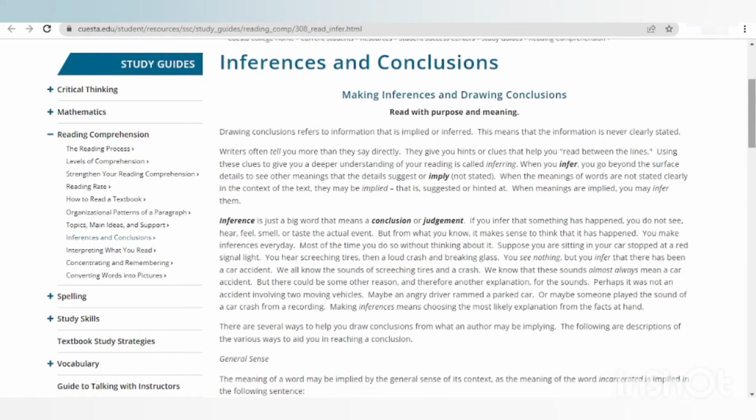They give you hints or clues that help you read between the lines, right? So when you infer, you go beyond the surface details to see other meanings that the details suggest or imply, which is not stated. So when the meaning of words is not stated clearly in the context of the text, it may be implied, that is, suggested or hinted at. So when meanings are implied, you may infer them, right?